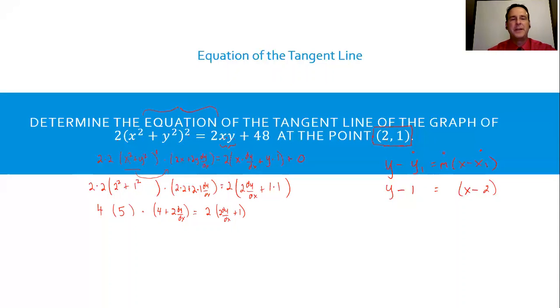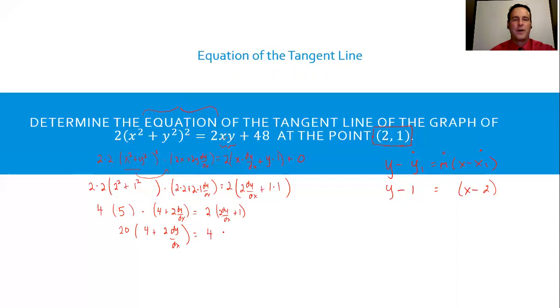All right, now from here, I'm going to simplify it just a little bit more. And once I get it simplified on each side as far as I can go, then I'll solve for dy/dx. All right, so let's see, this is 20. And you're like, that's a lot of steps. And I like to write a lot of steps because it's easy to make a silly mistake. This 2 means I've got to distribute.